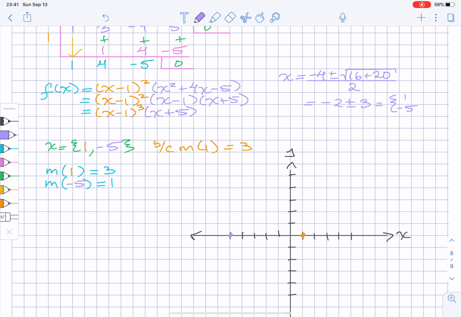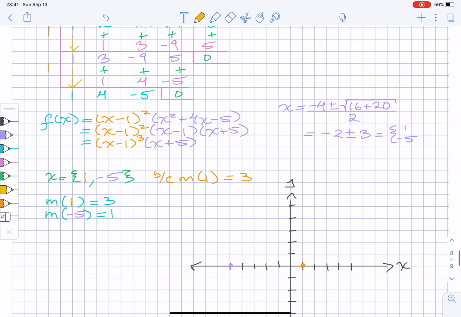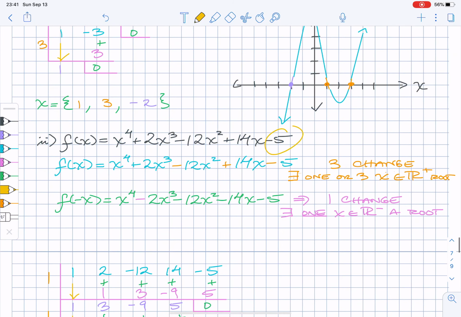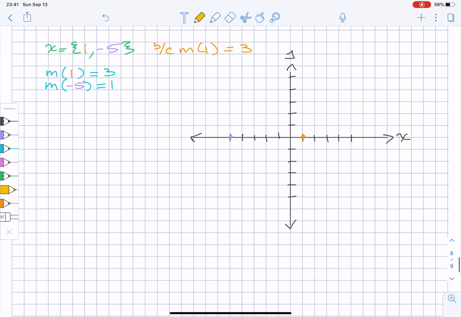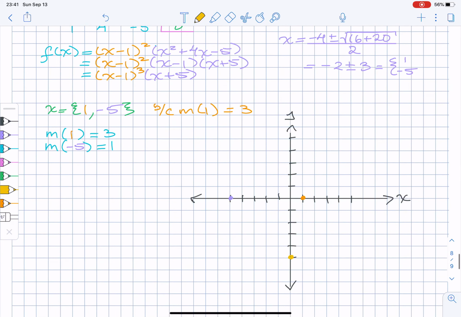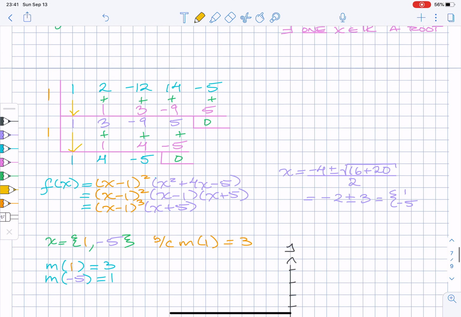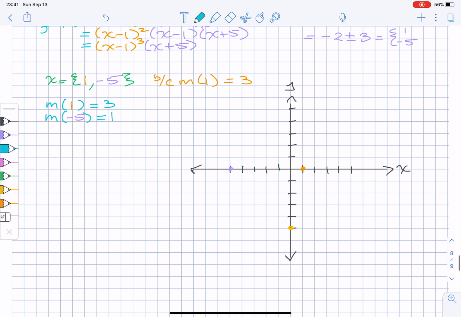So that's where we're getting the multiplicities from. Okay, I know that my y-intercept was at negative 5. And I know that this is overall parabolic, right? So the end behavior is going to be up in this direction.